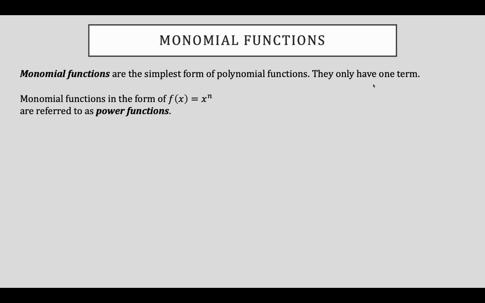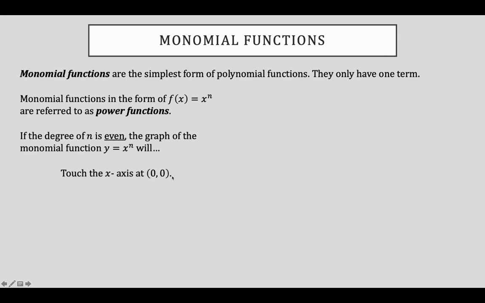Monomial functions in the form f of x equals x raised to the nth power are referred to as power functions. If the degree n is even, the graph of the monomial function y equals x to the n will touch the x-axis at 0, 0, and will go through the points 1, 1, and -1, 1.